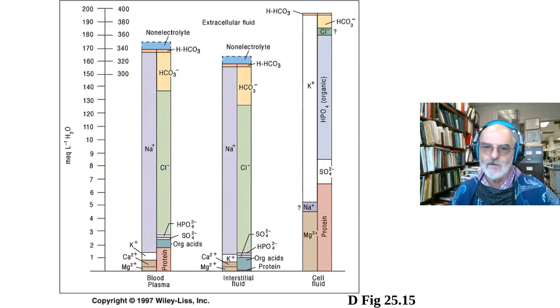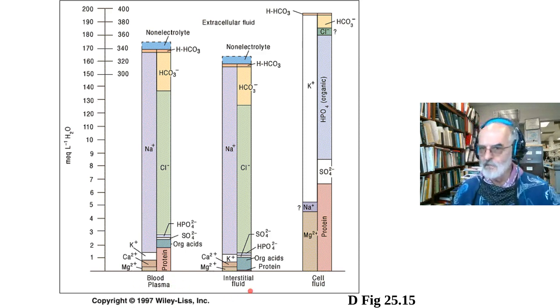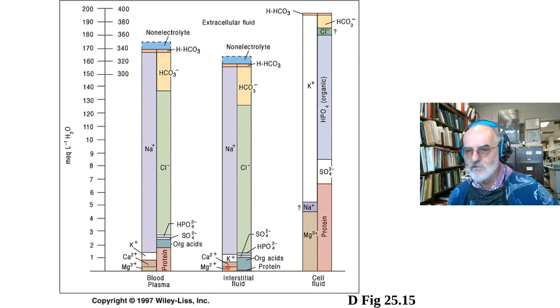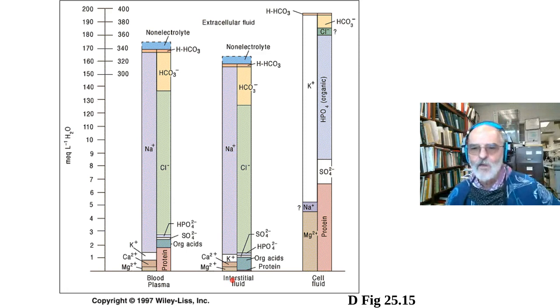Now let's look at this one more time. This is a summary of cations and anions, all of the electrolytes in plasma and in cell fluid. Notice that there's a space around the circulatory system that we refer to as the interstitial fluids. This is a space around the cells that surround the bloodstream, and it's in equilibrium with the blood plasma.